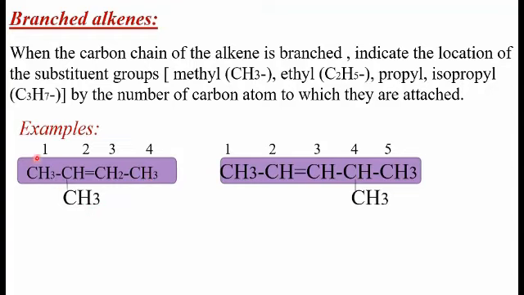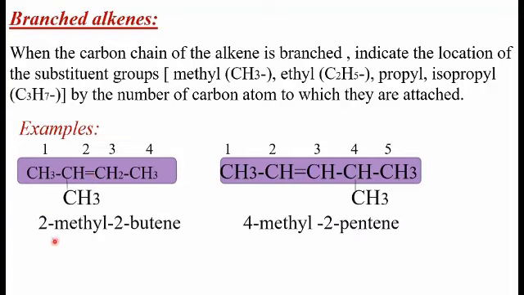But if I begin numbering from here, the methyl group is on the second carbon atom, and the double covalent bond is also on the second carbon atom. So the nomenclature is 2-methyl-2-butene: 2-methyl according to the position of the methyl on the second carbon atom, and 2-butene according to the position of the double covalent bond also on the second carbon atom.